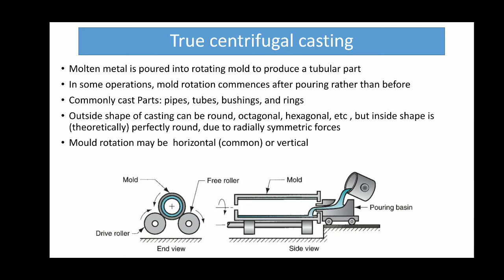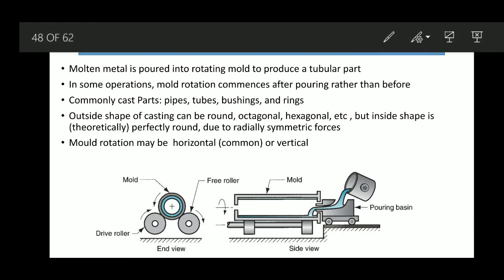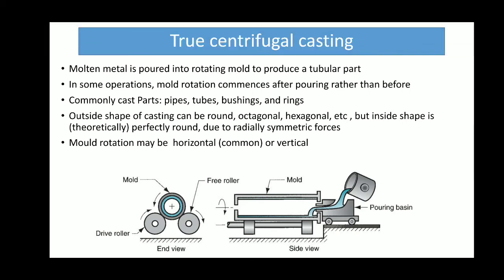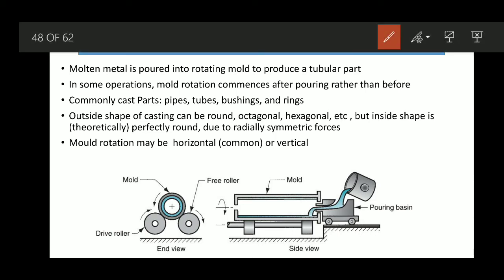The molten metal is poured into the rotating mold to produce tubular parts, commonly made parts like pipe, tube, bushing, ring, etc. True centrifugal casting is employed for making these kinds of parts.